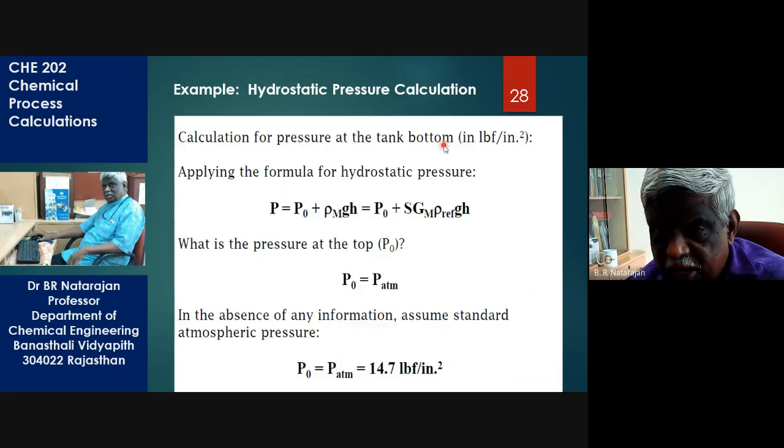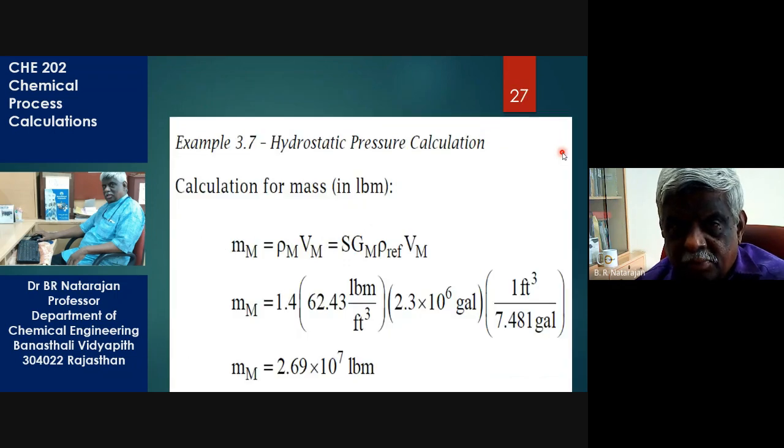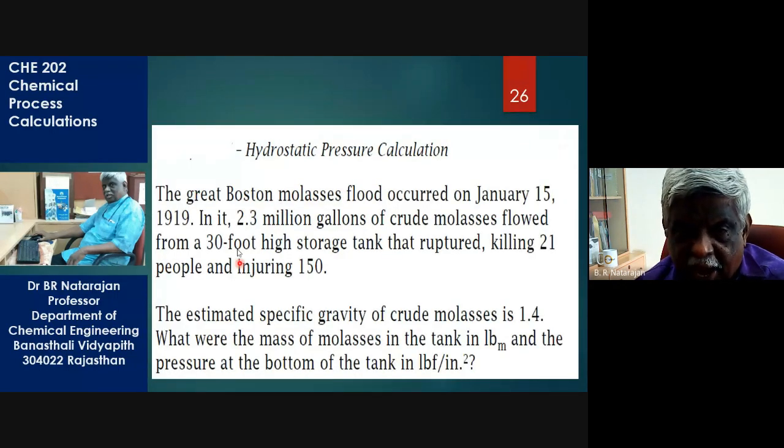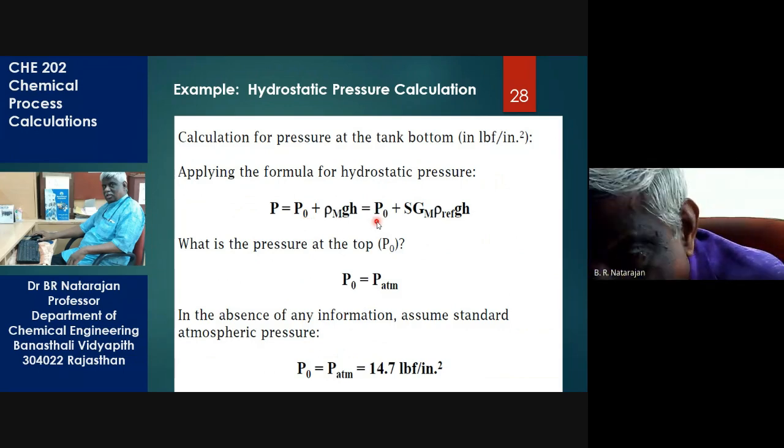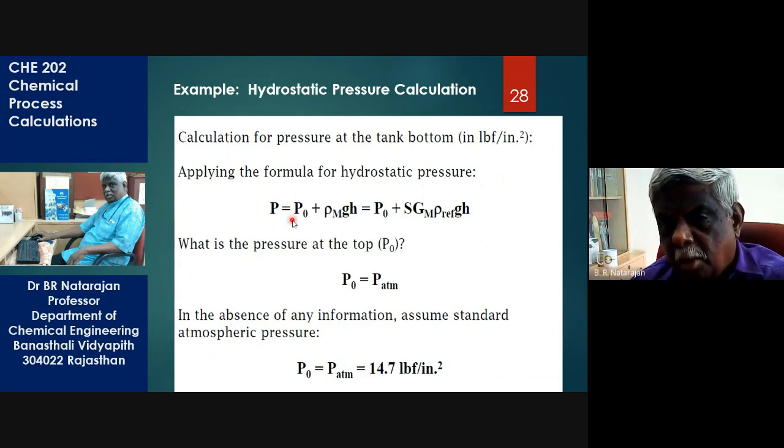And what is the calculation for pressure at the bottom of the tank? Right, remember the tank had a height of 30 feet. Now applying the formula for hydrostatic pressure, P will be P0 plus rho g h, right? The top pressure plus the pressure due to the liquid column. Pressure at the top of the tank will be the same as atmospheric pressure.